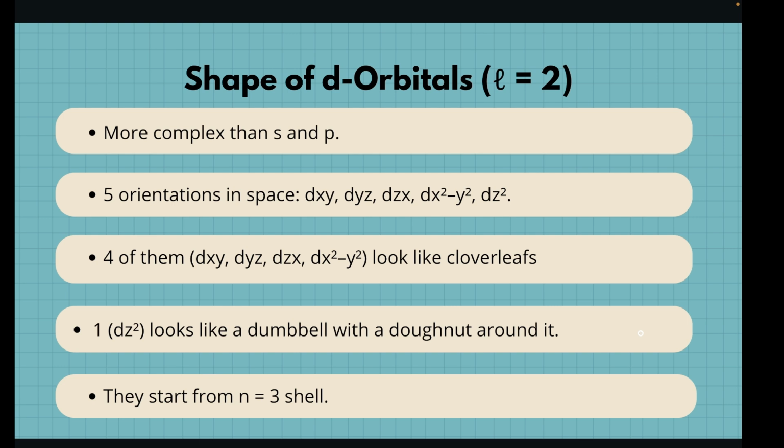Next is d orbital. For this, the value of L is 2. And this is more complex than s and p orbital.